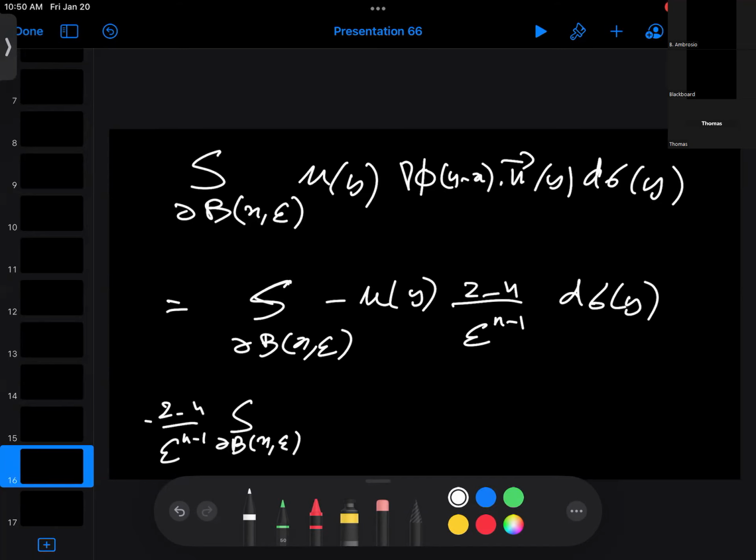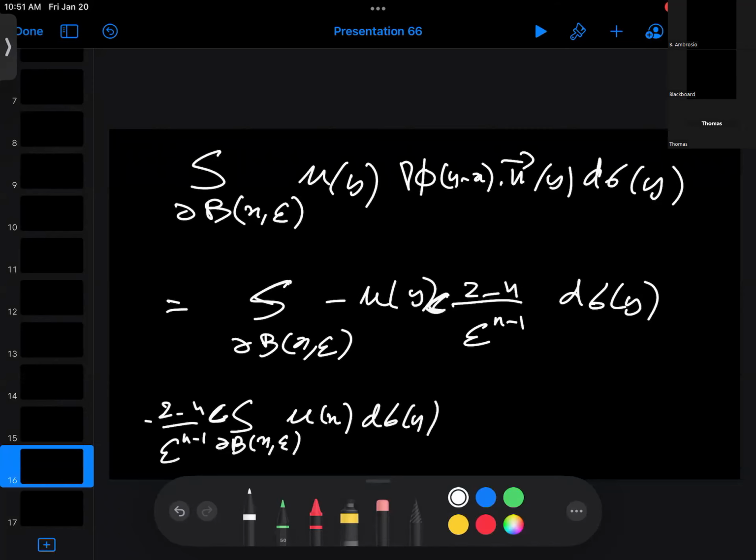And instead, I will take u of x. I forgot, I have some constant here. There is a c here, and this c is the normalization that I choose for phi.